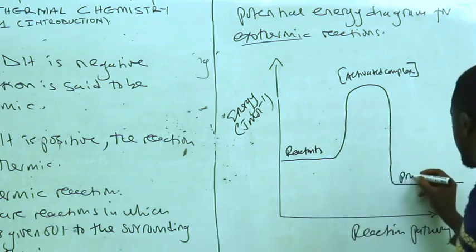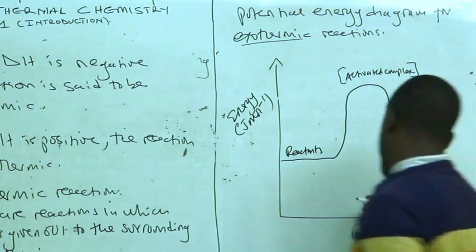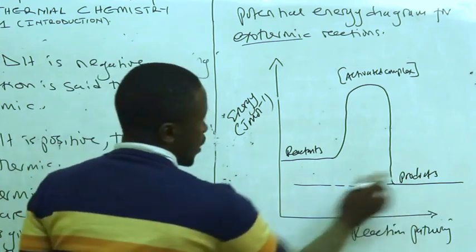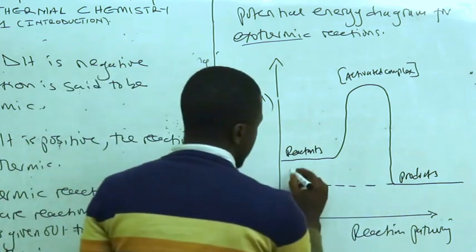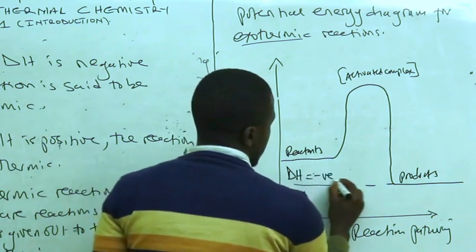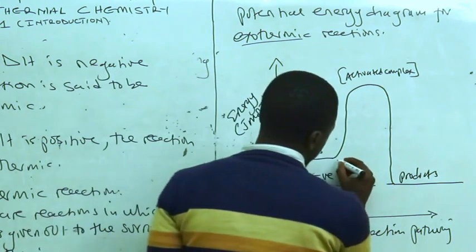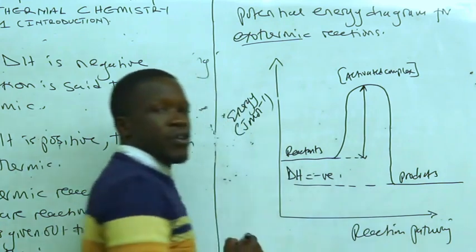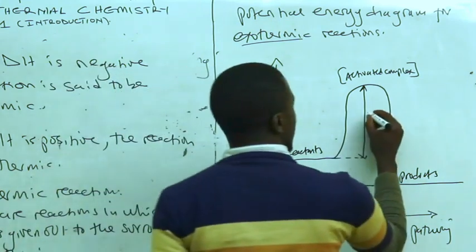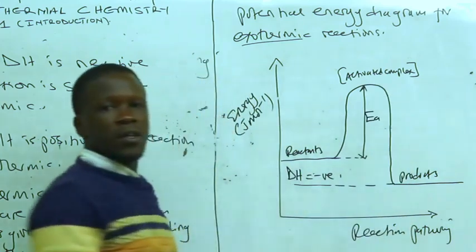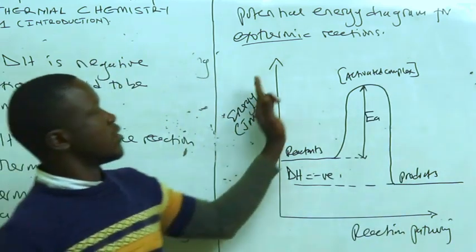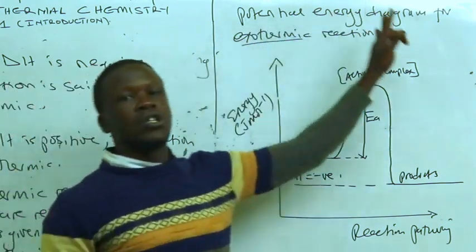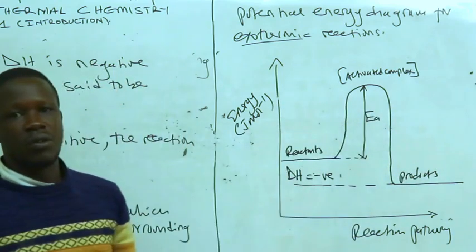This is the products. Now, the difference between the heat content of the products and the heat content of the reactants, ΔH, is a negative value. The energy required to form the activated complex is what we call the activation energy. And this is a reaction pathway diagram, a diagram showing the changes in potential energy for an exothermic reaction.